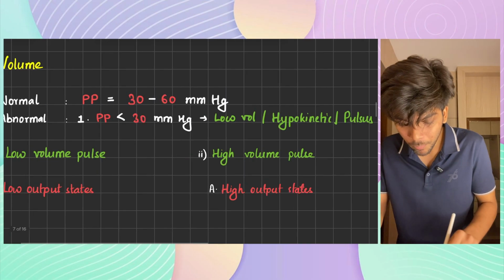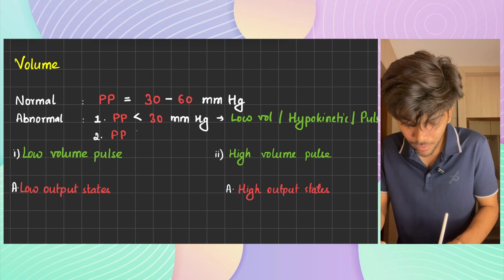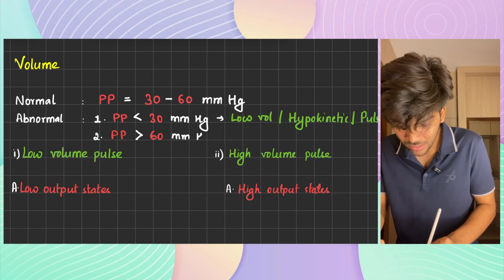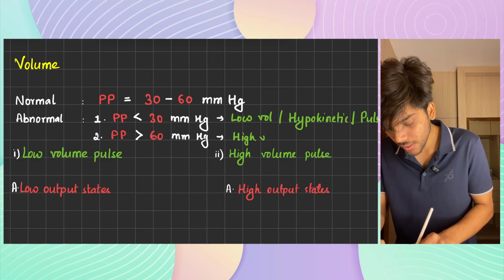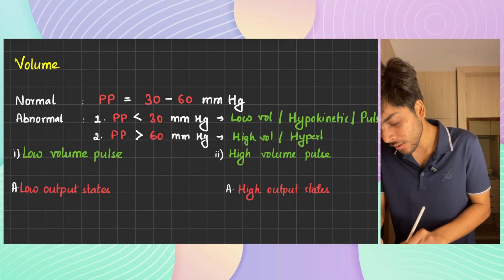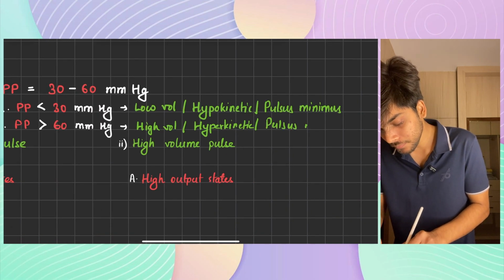Similarly, if the pulse pressure is greater than 60 mm of Hg, then the type of pulse is a high volume pulse or a hyperkinetic pulse or pulsus magnus.